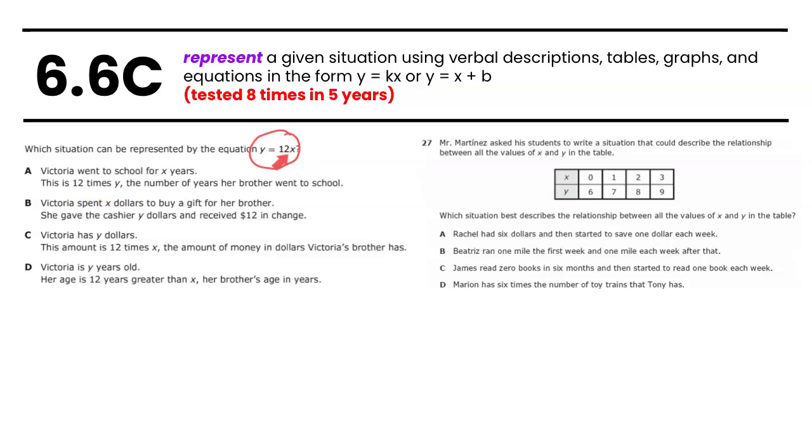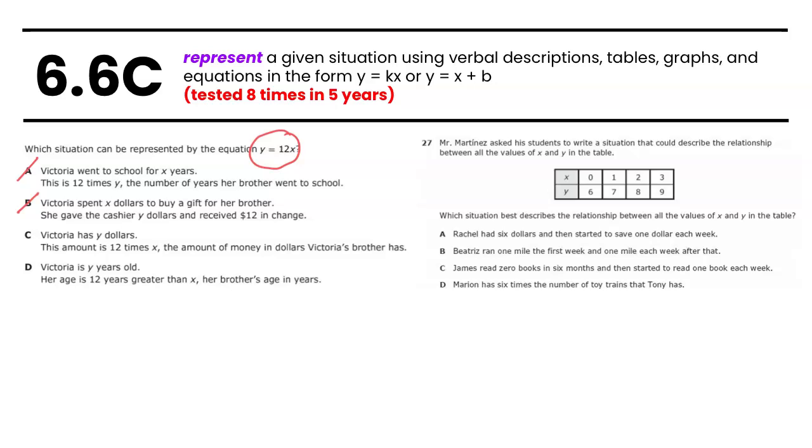Well, clearly here we see 12 times x, and so we know that letter A is going to be incorrect. Letter B, we see she gave the cashier y dollars and received $12 in change. Well, that represents a subtraction scenario, and this is not a subtraction, it is a multiplication, and so letter B is also not going to be correct.